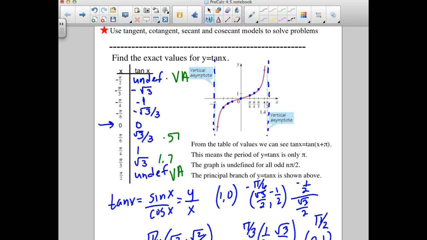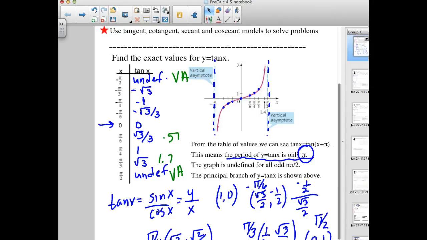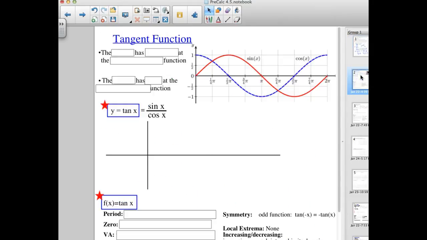So period for tangent is only pi, right? From negative pi over 2 to positive pi over 2 is the space of just 1 pi. We've talked about our graph being undefined wherever we have those vertical asymptotes. So what caused our vertical asymptote?